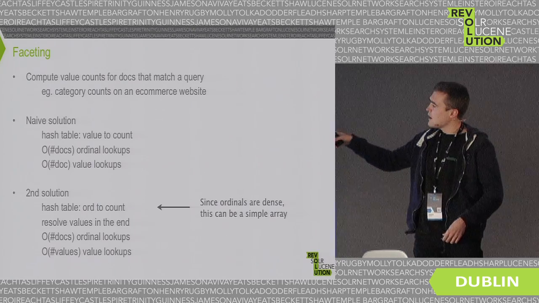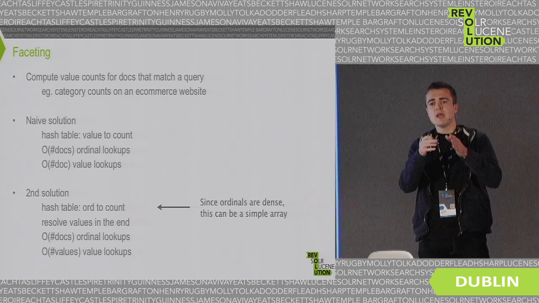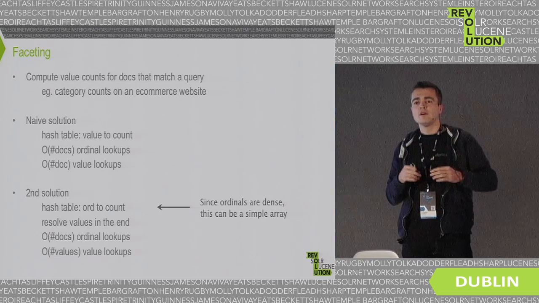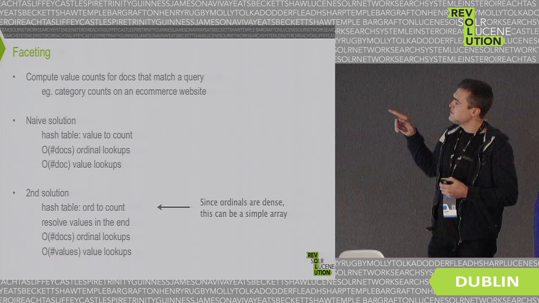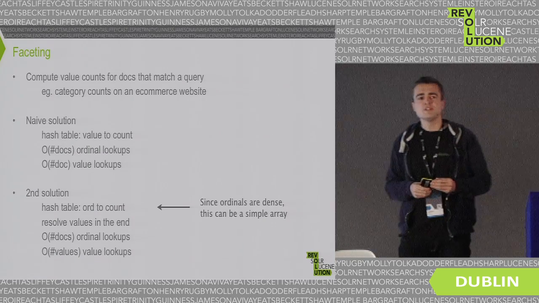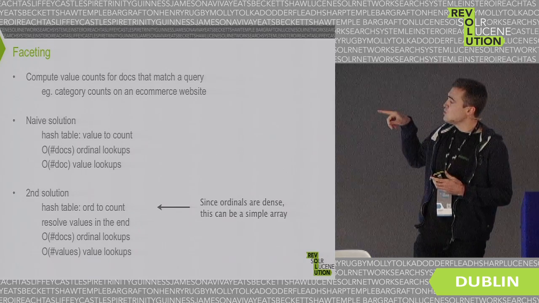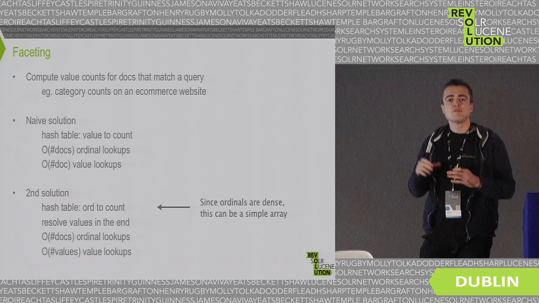This means that in the hash table, we are going to do the collection based on ordinals, and when collection of the index is finished, we are going to replace the ordinals with their values. So the benefit is that this time, we are still doing a number of ordinal lookups which is linear in the number of matching documents in your index, but we are going to do many fewer value lookups, which is only linear in the number of unique values.